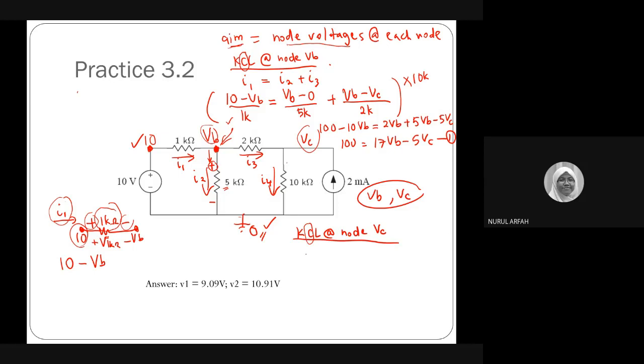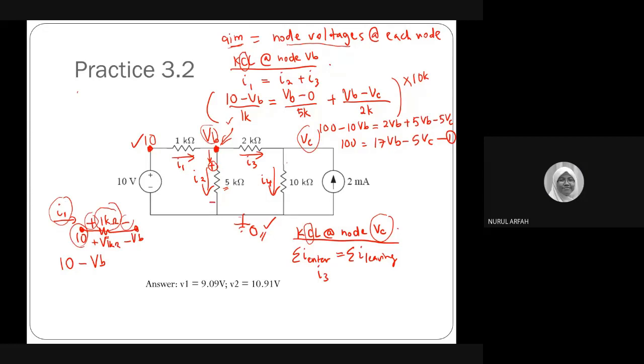Current entering equals current leaving. Okay, so which one is entering? I1? No, only at VC. I3. Yeah, I3.